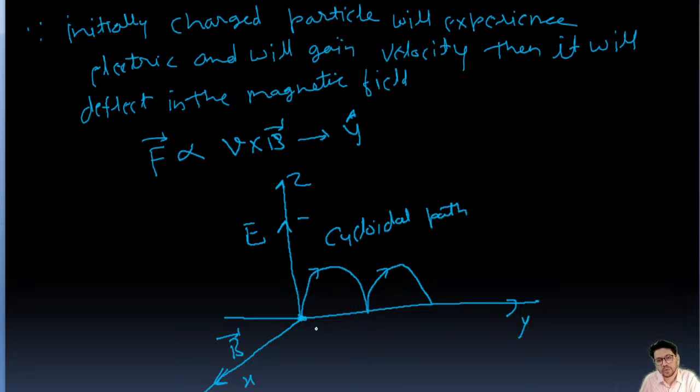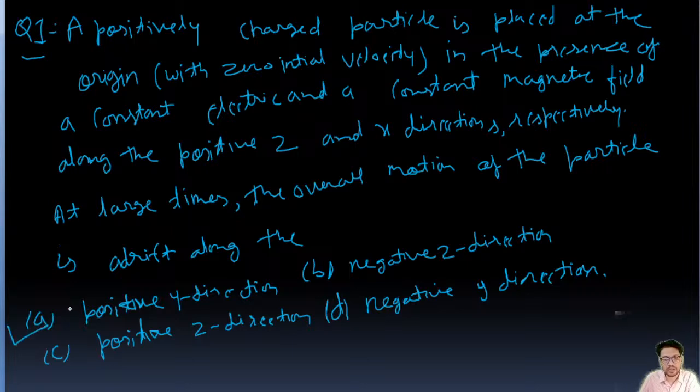It's a concept based question. The path of the charged particle is cycloidal in the positive y direction, because E and B are in the positive z and x directions respectively. So this is the answer. Which option is matching? Option A, positive y direction.